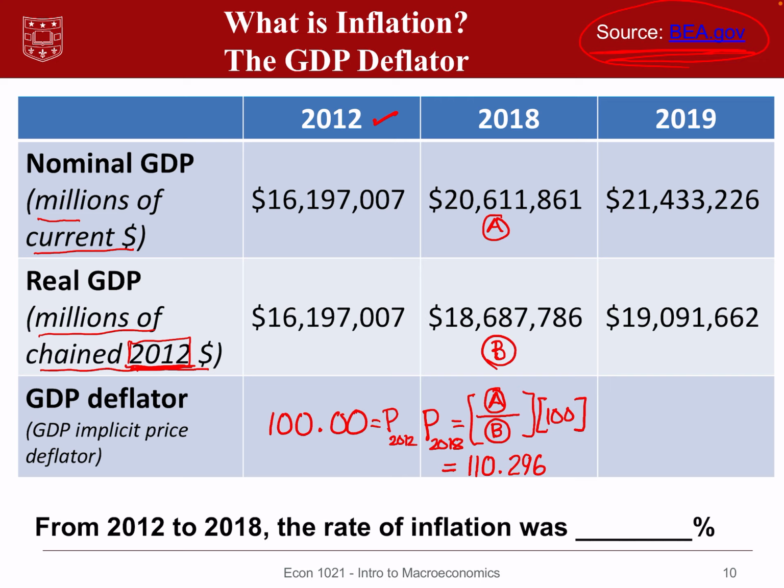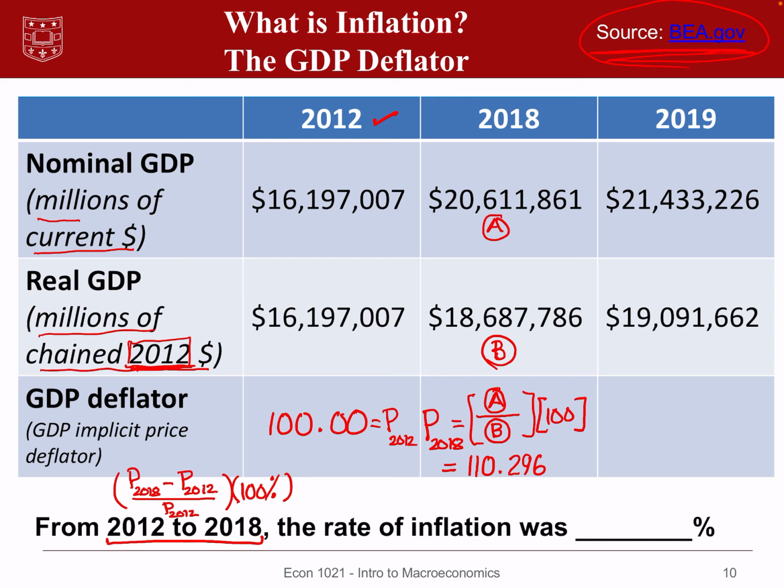So if we wanted, then we can calculate the rate of inflation. The rate of inflation over this 6-year interval would be the average price level in 2018 minus the average price level in 2012, and we would divide that by the average price level in 2012, and then again multiply by 100 to express it as a percentage.